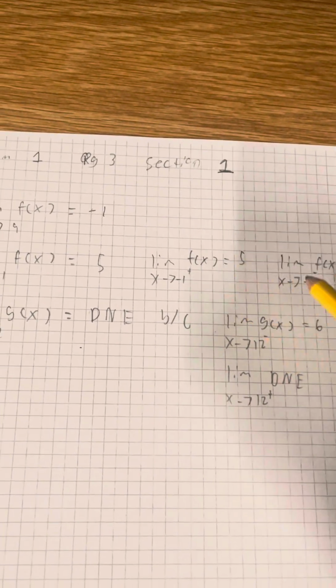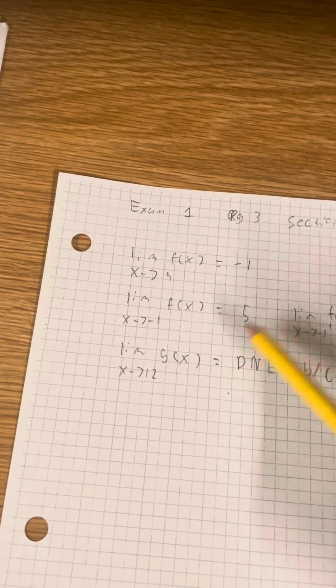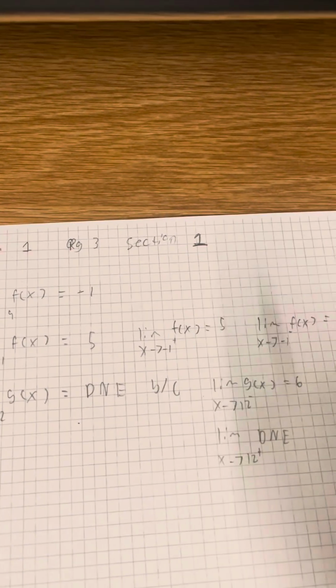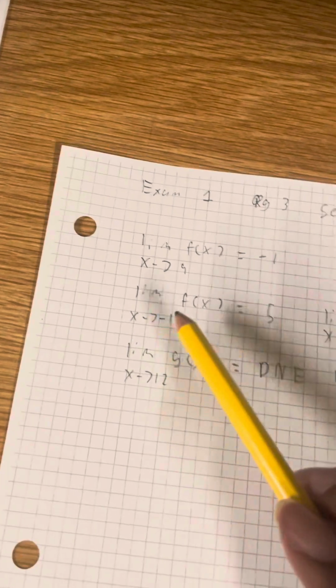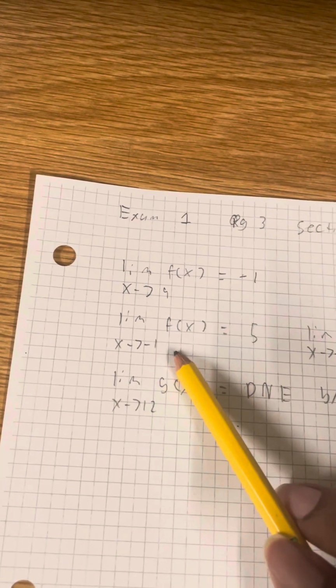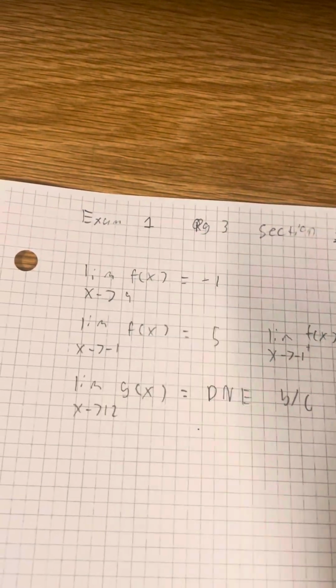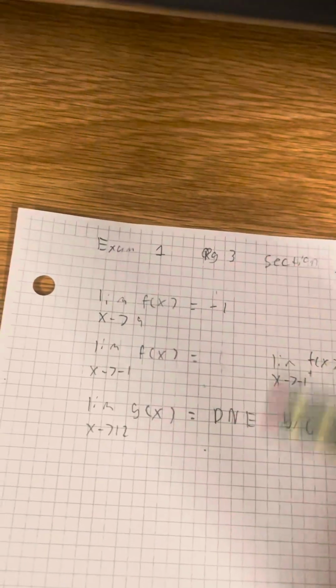This shows that it does not exist, but you can still get 5 because this one's not asking for the right or the left. It's just saying in general. But overall, this limit right here also does not exist.